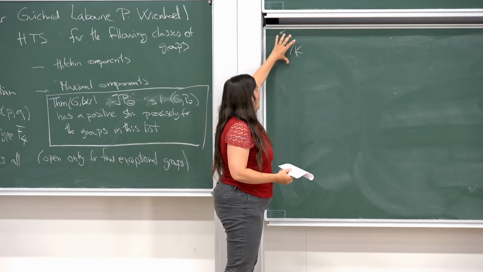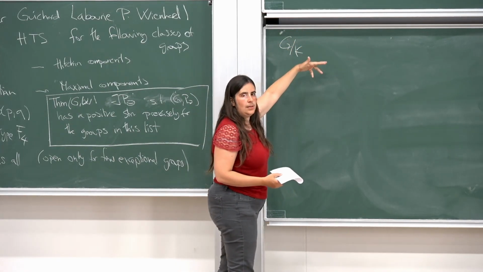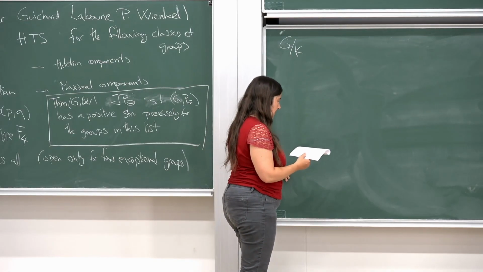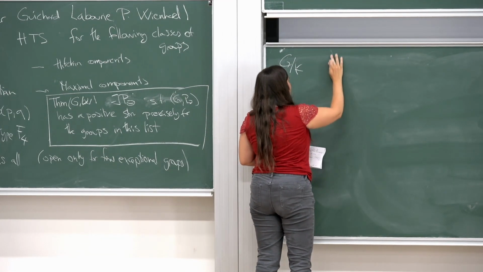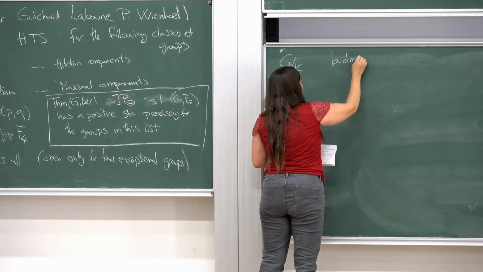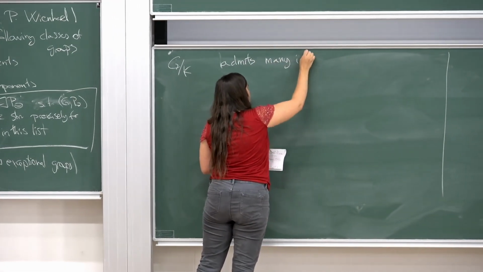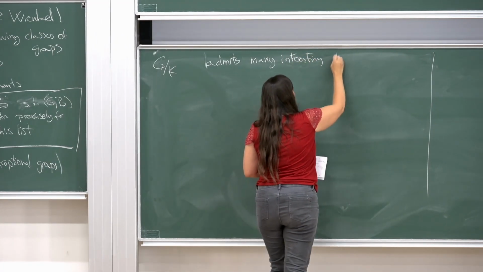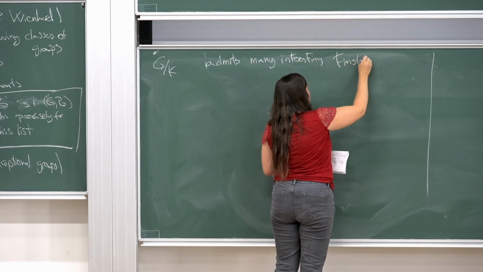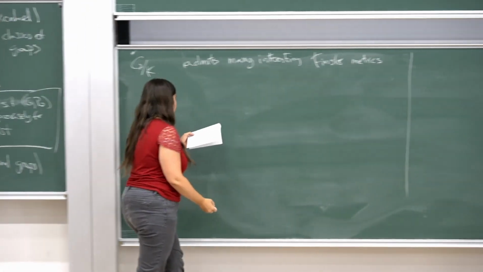It admits many different Finsler metrics for which G acts by isometry.